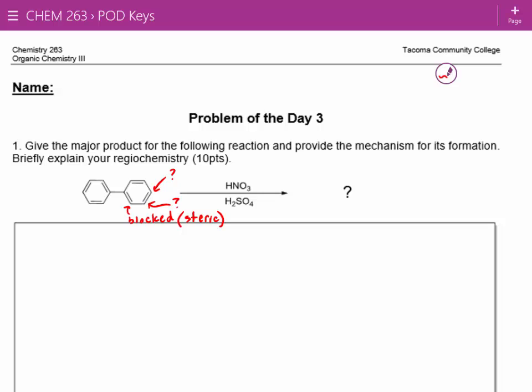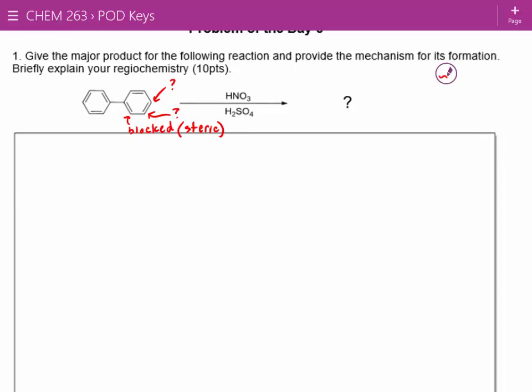All right, so now let's go through and try to draw both potential routes and try to make sense of what's going on here. So I'll label this route 1. And what we'll do is draw our fused rings and have it attack in the meta position. And I'm not going to draw out the full mechanism. I'll do that at the very end.